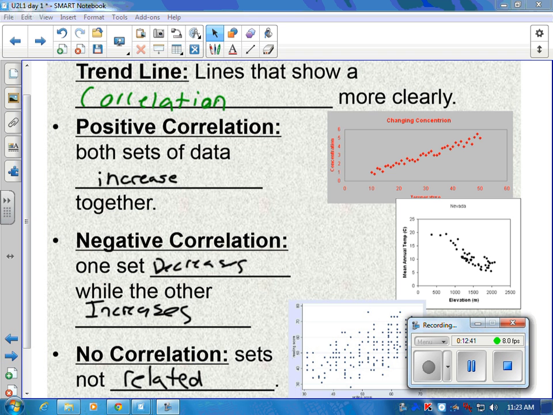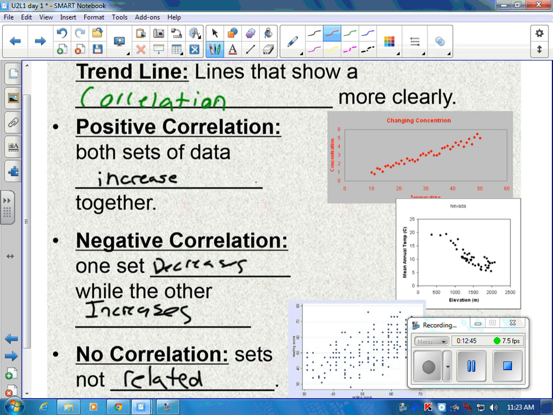As my X's are getting bigger, my Y's are getting bigger. And as I read from left to right, my arrow is going to point up. It's a positive correlation, I am increasing. Negative correlation, as my X's get larger, my Y's are getting smaller. So as I move from left to right, my arrow is pointing down, and I have a negative correlation.